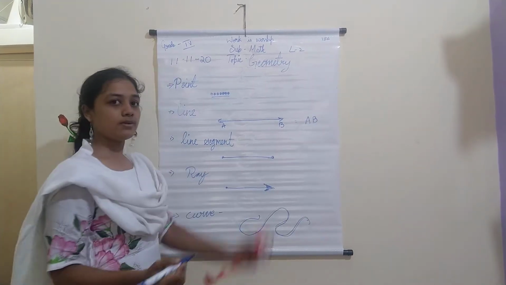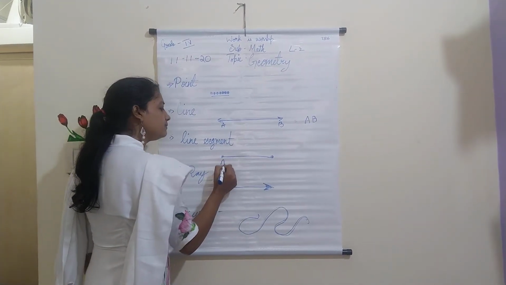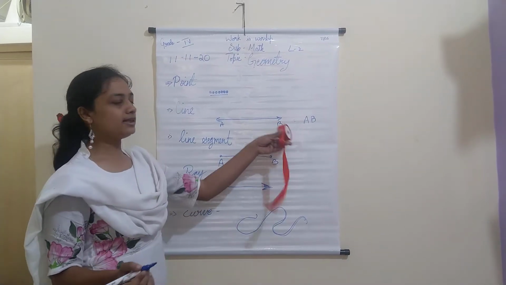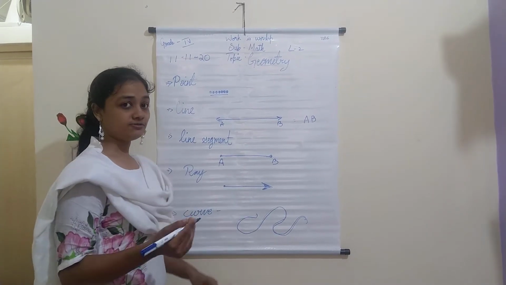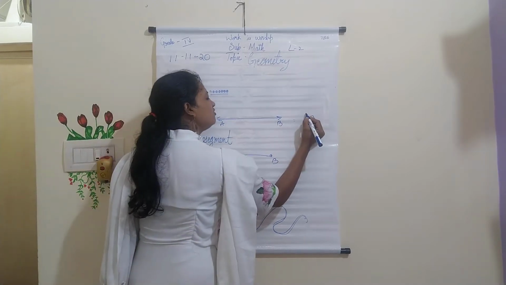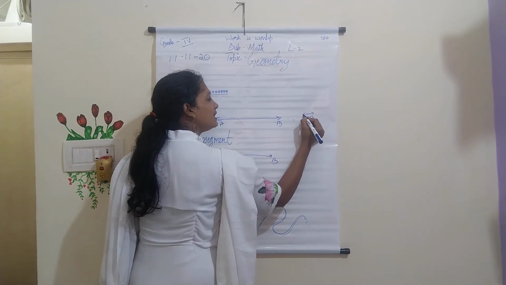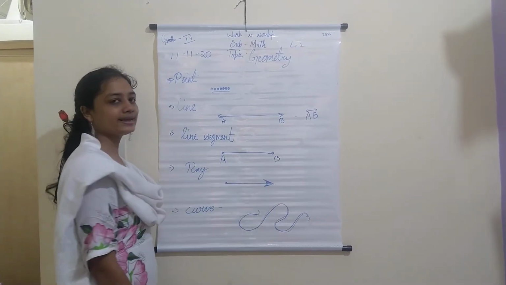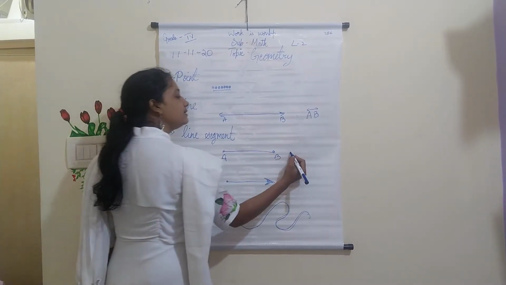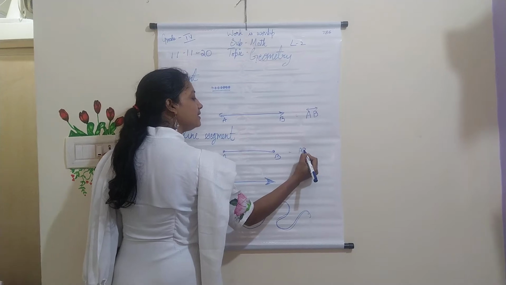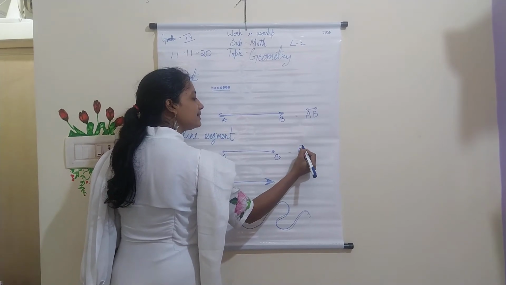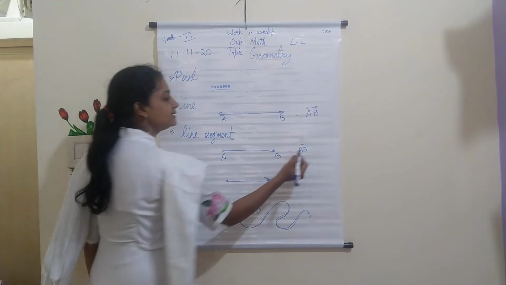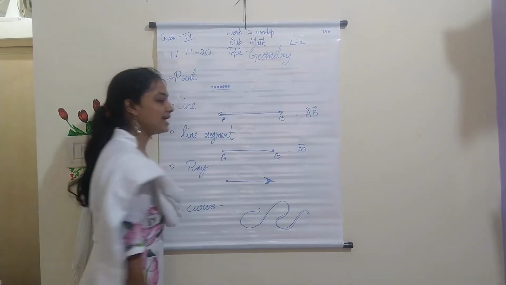If I write AB, it can be here also, the same AB. So is it a line or a line segment? To differentiate that, I should draw a small line on AB. This means it is a line. And here it is AB and it is a line segment. There is no arrow mark there. It is just a line segment.